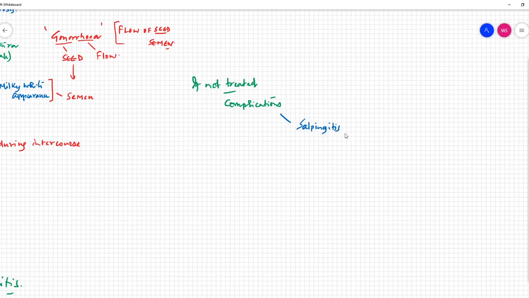If salpingitis is not treated in time, it can lead to pelvic inflammatory disease in the females. Why in the females? Because the female reproductive tract has openings into the abdomen, and therefore it can cause pelvic inflammatory disease. So tubo-ovarian abscesses can form. Lots of things can happen. Then HIV is facilitated.